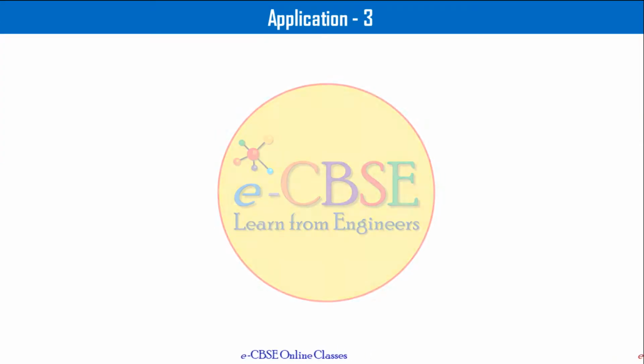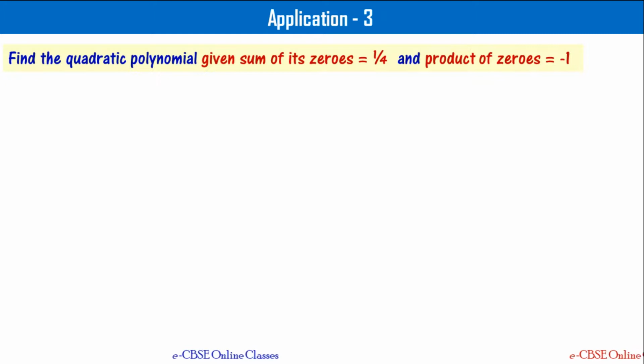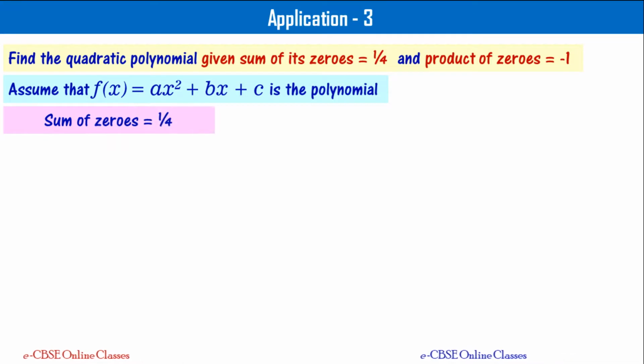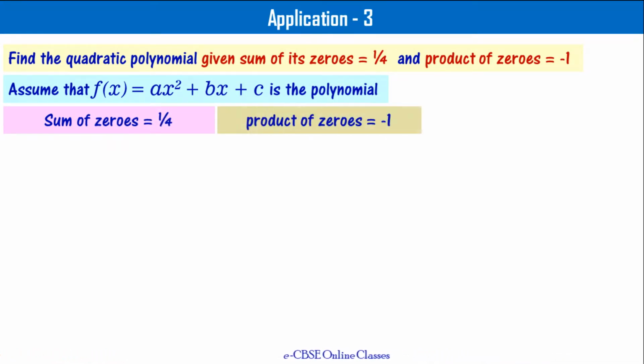Let's take a look at another application problem. That says find the quadratic polynomial given the sum of its zeros is 1/4 and the product of zeros is -1. Let us assume that f(x) = ax² + bx + c is the polynomial and the sum of its zeros is 1/4 and the product of zeros is -1.